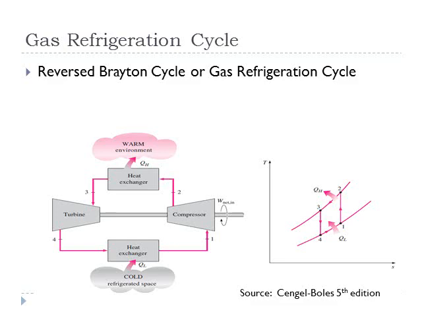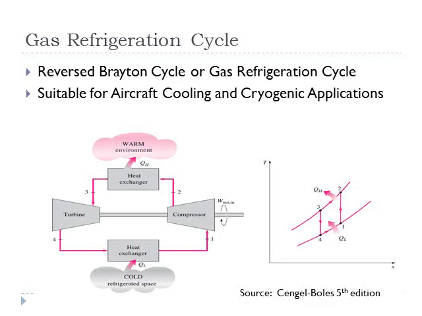This kind of cycle or this kind of refrigeration systems are basically very suitable for aircraft cooling and cryogenic applications, because this kind of system has lighter components, so it makes them suitable for aircraft cooling.